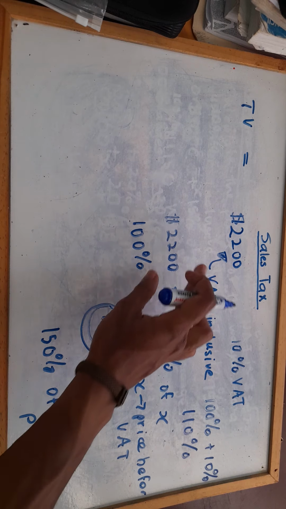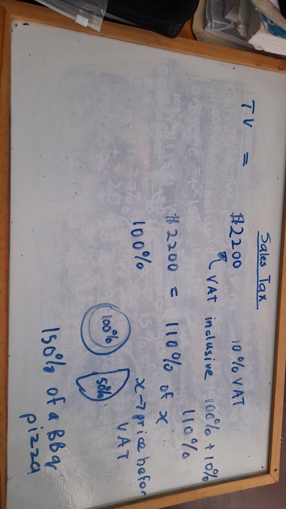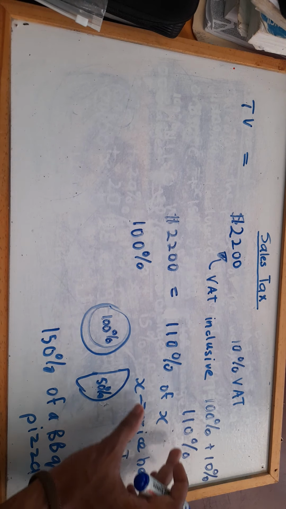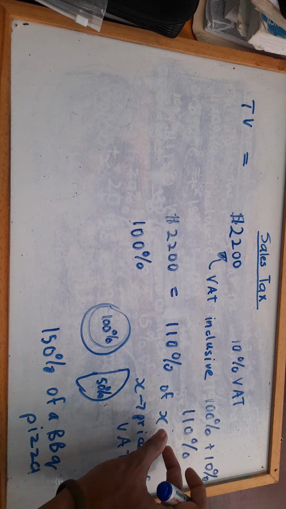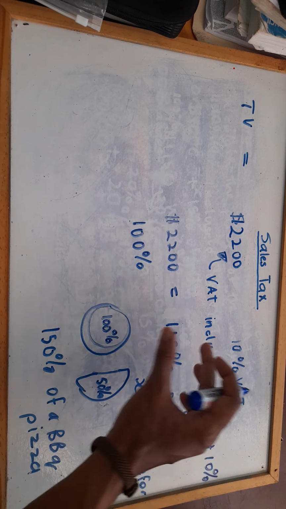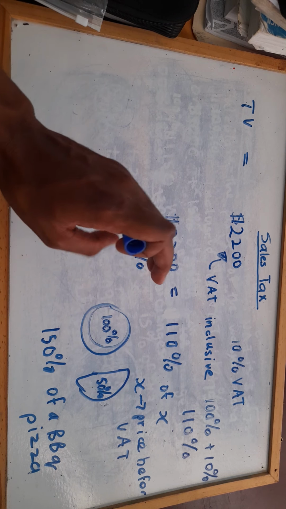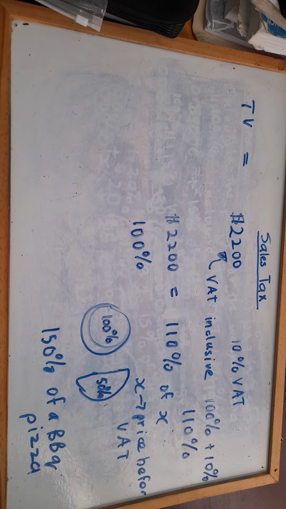Right? This price here, we already established how we got 110%. It is X plus what we had before. X is the original something, like with the barbecue pizza and so on. Now we need to know what is the 100%, 100% being the original cost of the item.